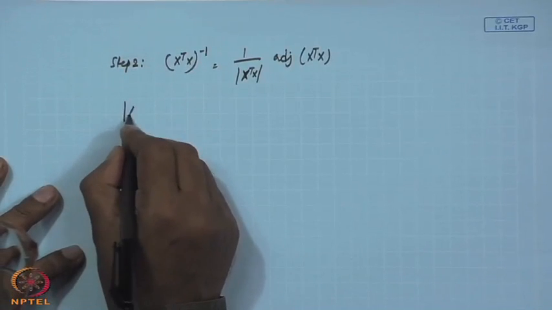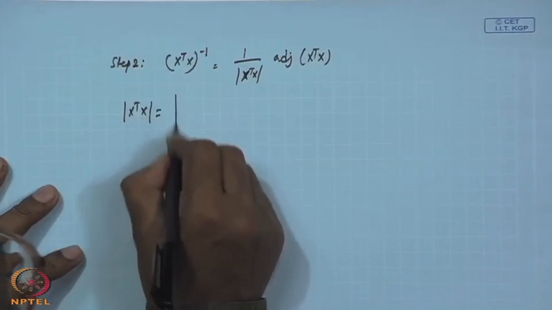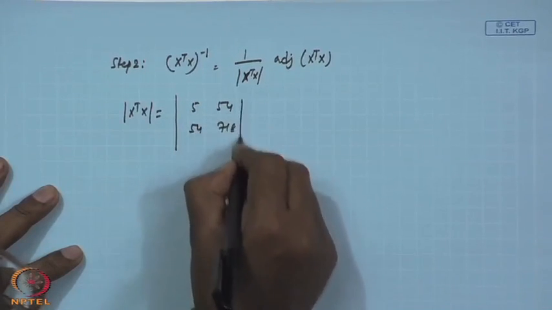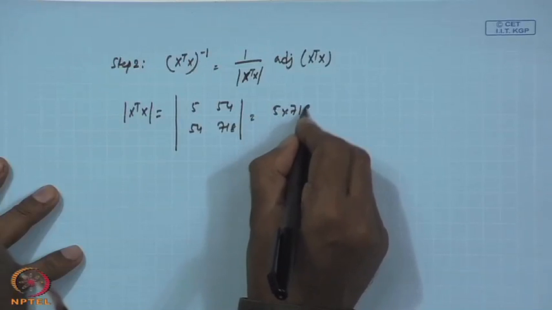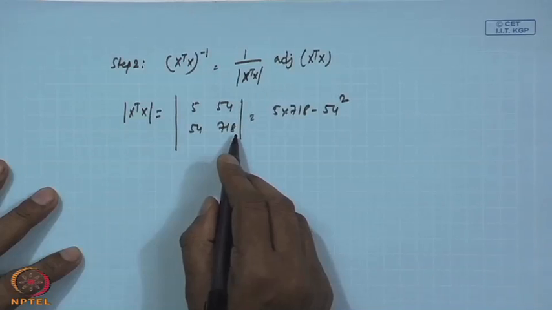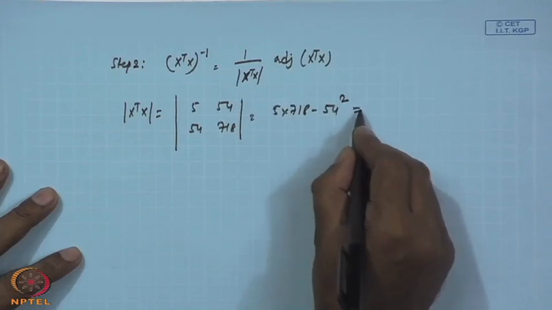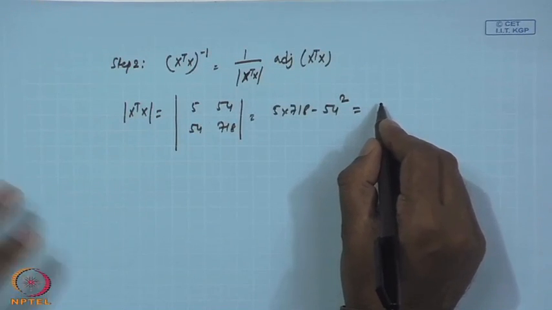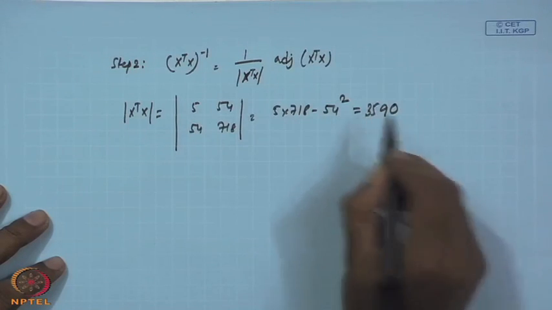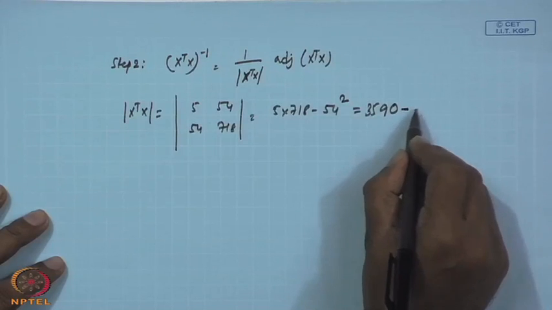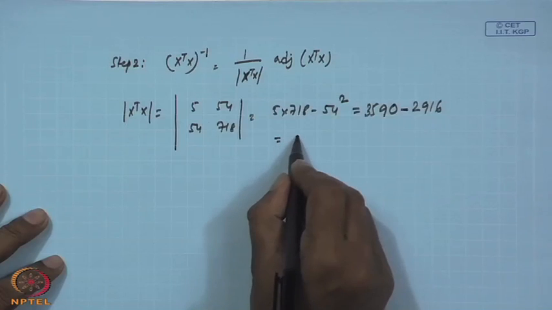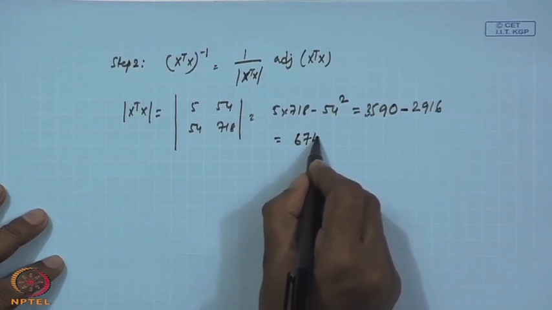So, the determinant of x transpose x equals the determinant of 5, 54, 54, 718, which is 5 into 718 minus 54 square. This will become 5 into 718, how much is it? 3590, minus this quantity, 2916, and the resultant quantity will be 674.